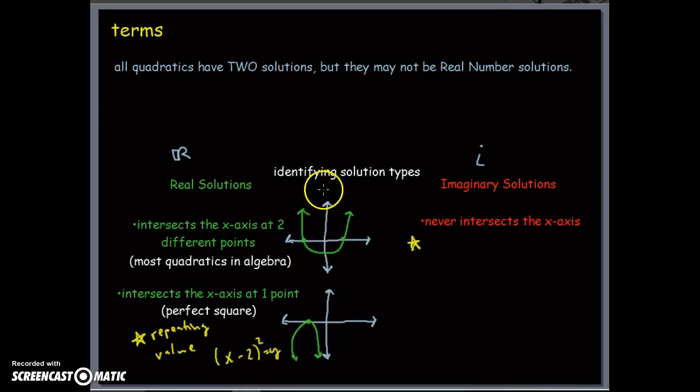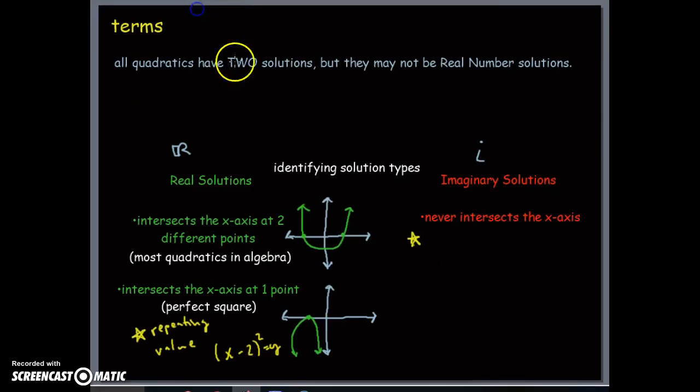So these are both examples of real solutions, and this is what an imaginary solution will look like on a coordinate plane. So draw a coordinate plane here. An imaginary solution is when the quadratic does not intersect the x-axis at any place.